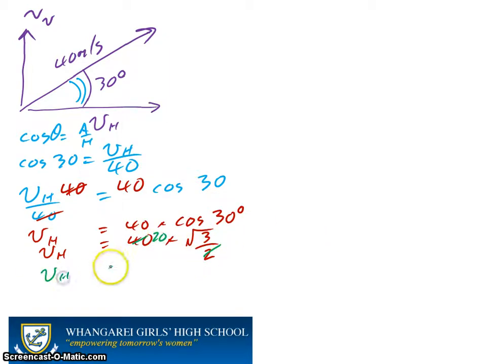The horizontal velocity is equal to 20 times the square root of 3, and that's going to be around about, let's have a go with the calculator, square root of 3 times 20, that's 34.64 meters per second that way across the ground.